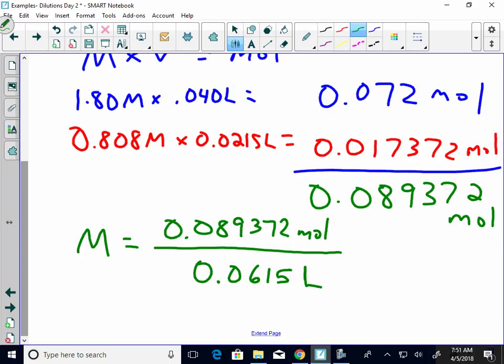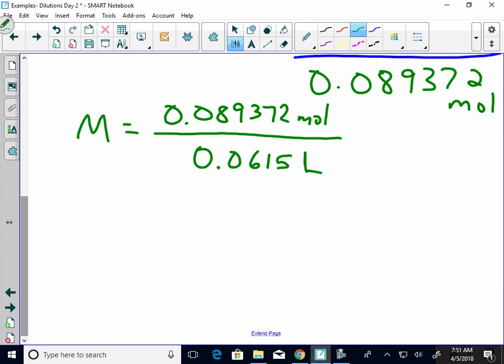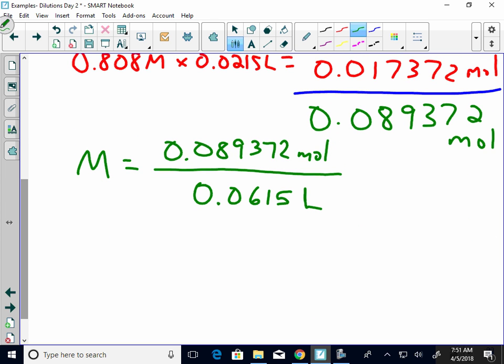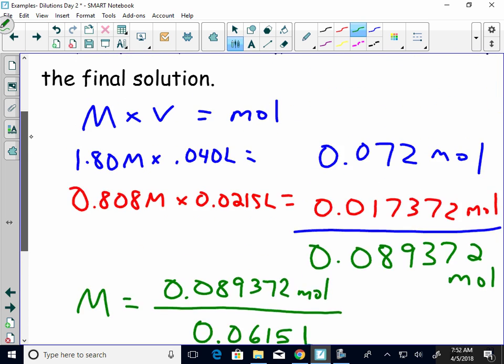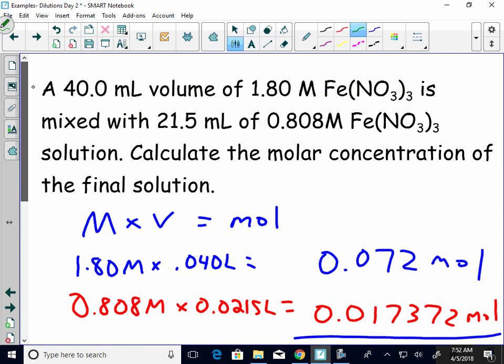So when I do my math, I take the 0.089372 and divide it by the number of liters I have, which is 0.0615. So my molarity is going to equal 1.4. Let me go back to my problem to see how many sig figs I got.